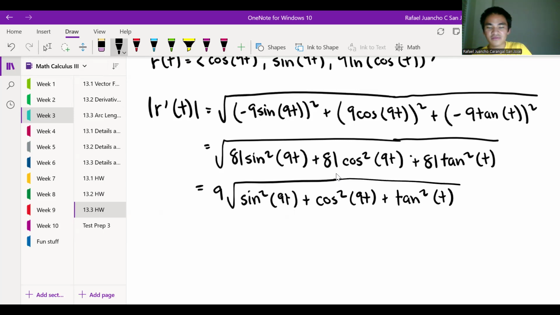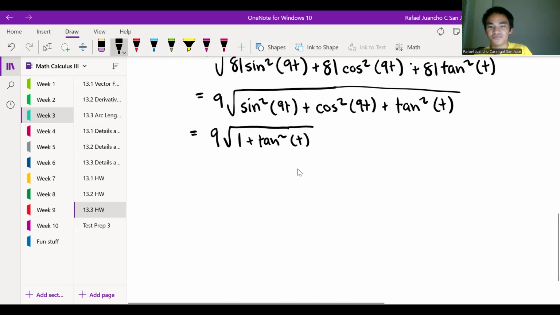And funny enough, this is actually just 1 plus tangent squared of t. And 1 plus tangent squared is secant squared.